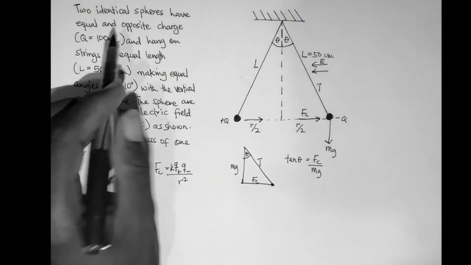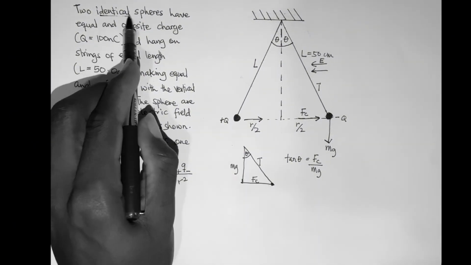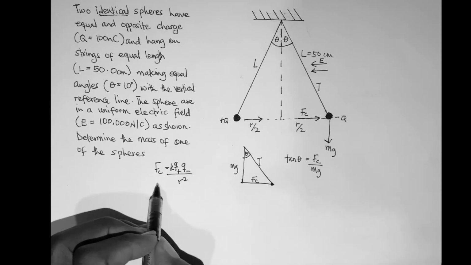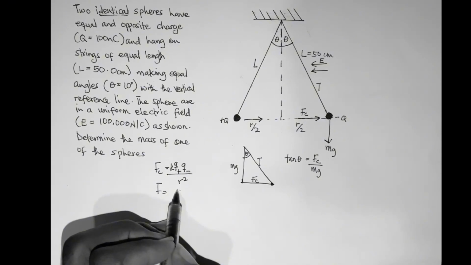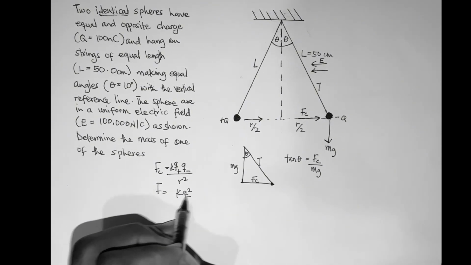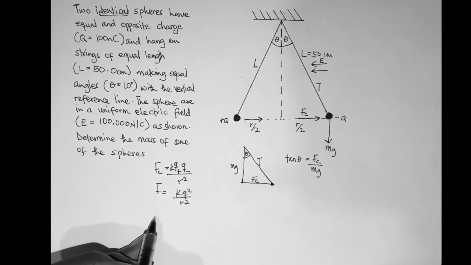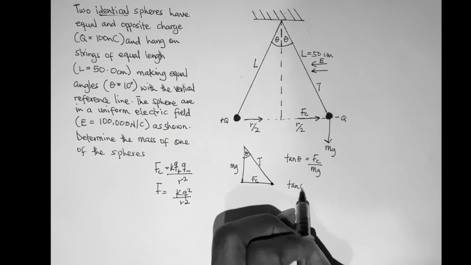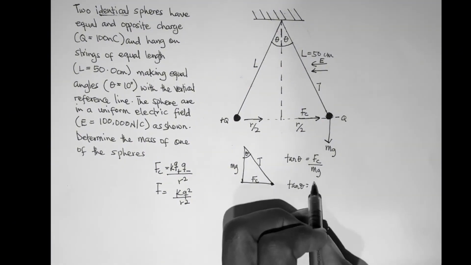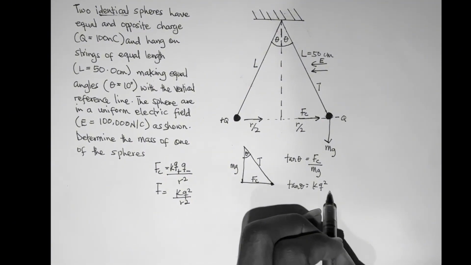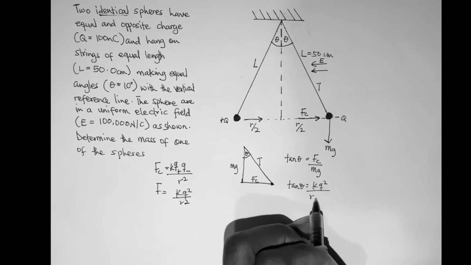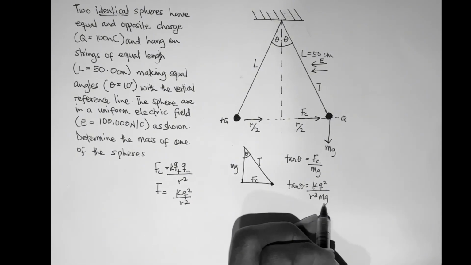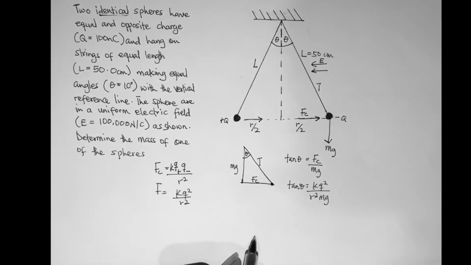But the question says that they are identical. Since they are identical, Fc is equal to kq squared divided by r squared. So tan theta is equal to kq squared divided by r squared mg. So this is tan theta.